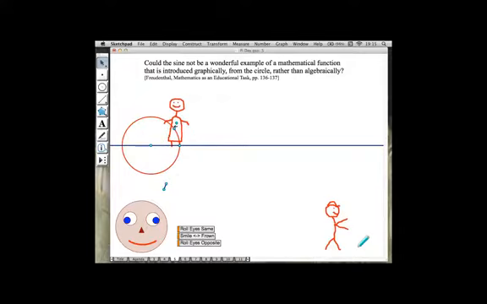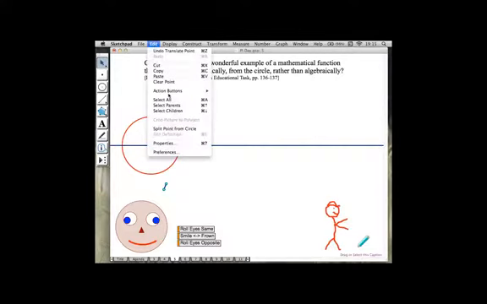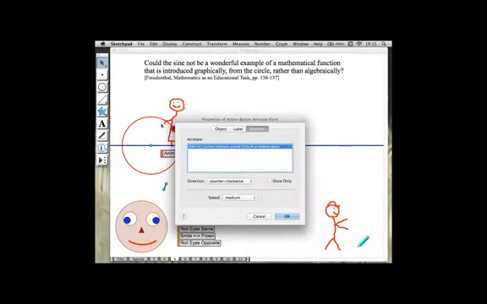So after choosing transform, after choosing translate, I click the 2 points representing the foot and head of the vector, and I get a translation by exactly the same amount as the vector.